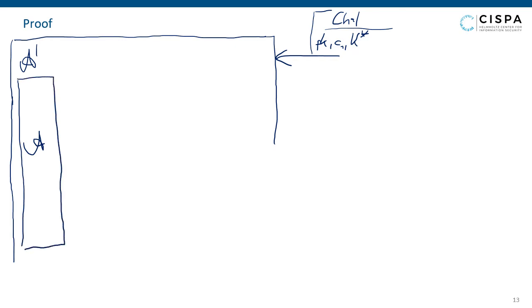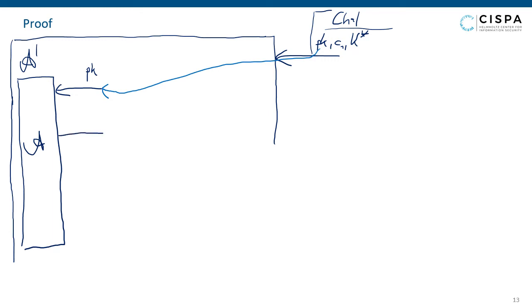How do we do this? So first, it gives the adversary A the public key pk, which directly comes from its own input.